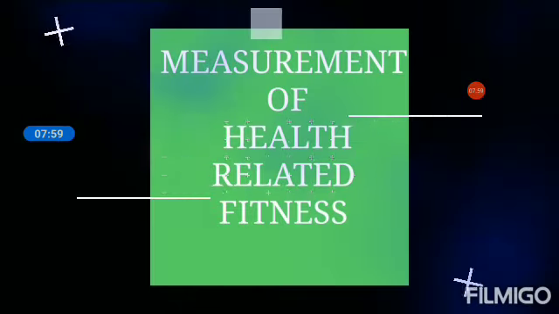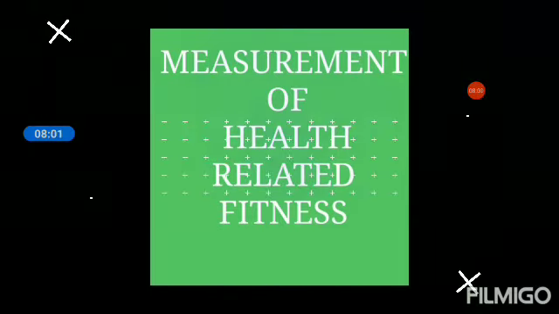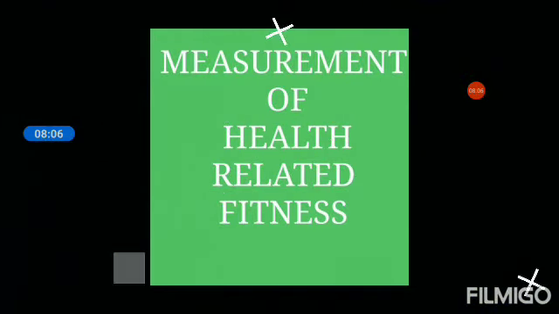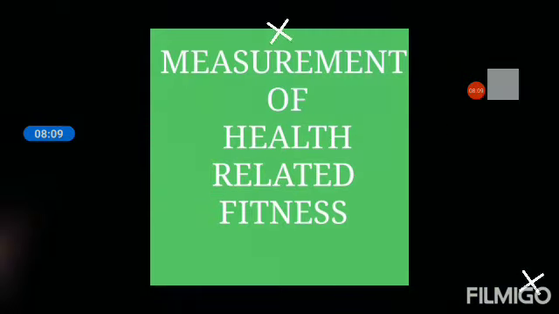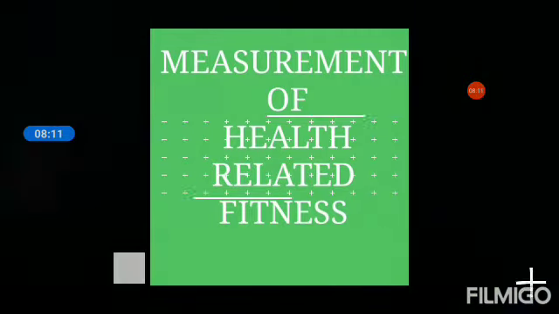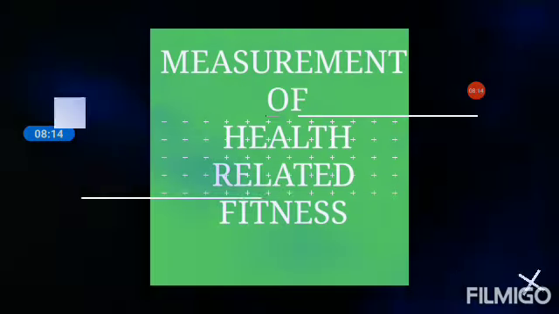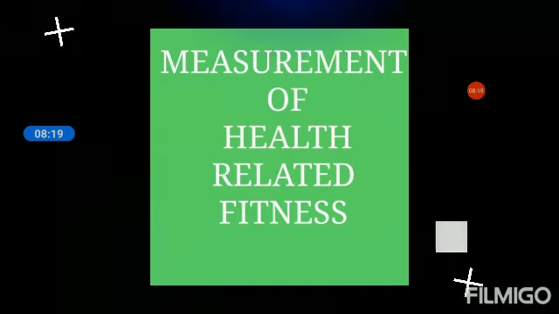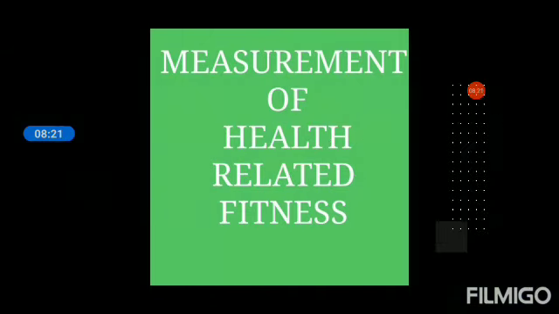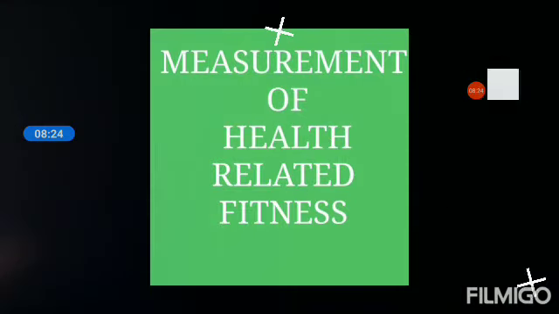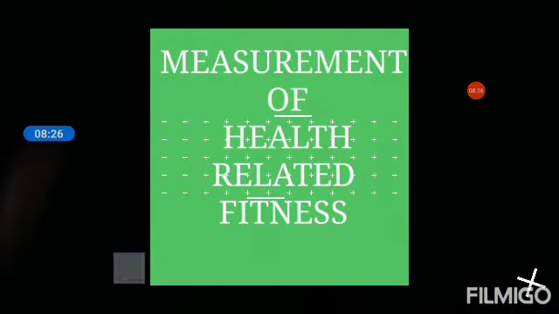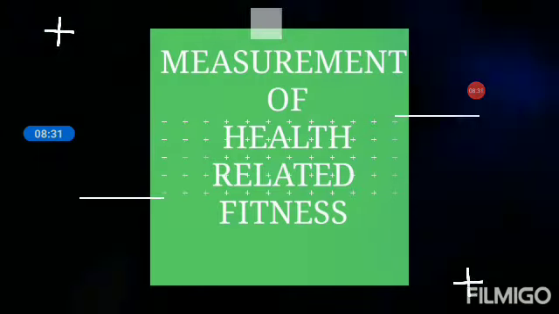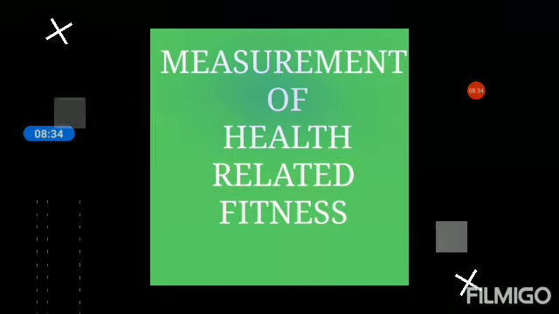First one is body composition. Body composition means the amount of fat-free body weight. It is well known that a high percentage of body fat in relation to the total body weight is harmful and may lead to obesity. From the health point of view, the normal percentage of body fat for young men and women should not exceed 15 and 25% respectively.